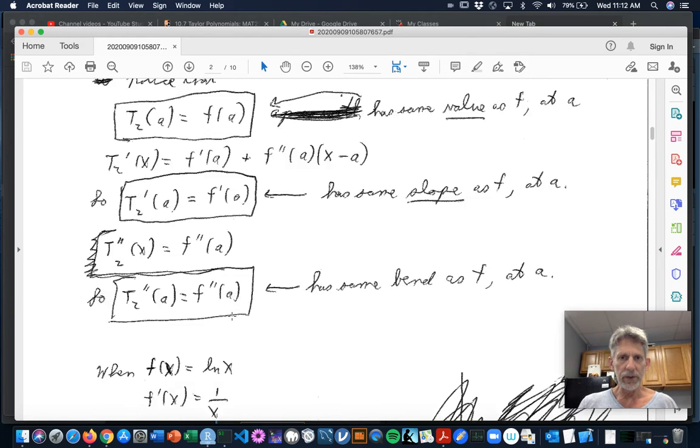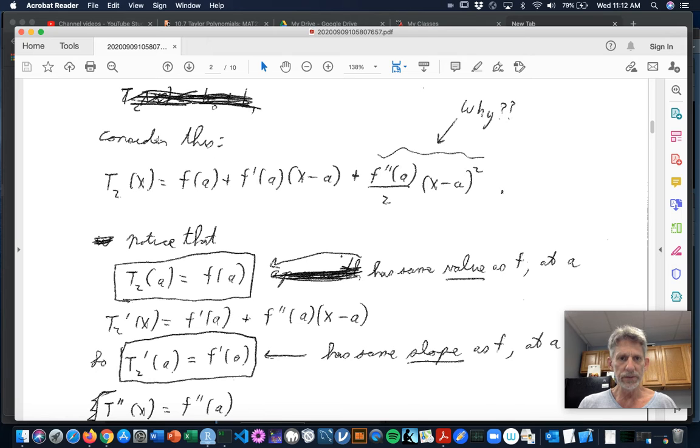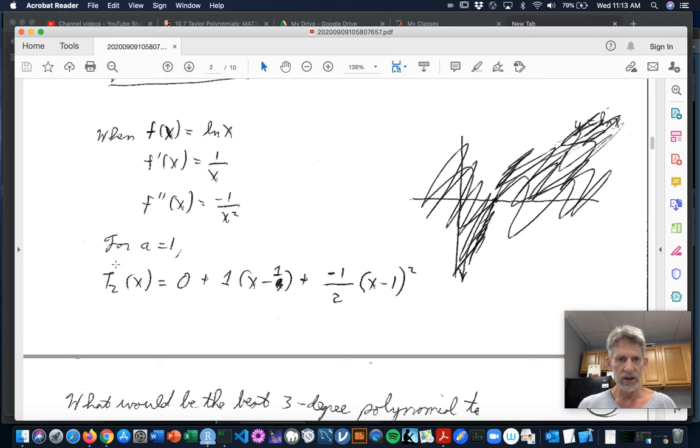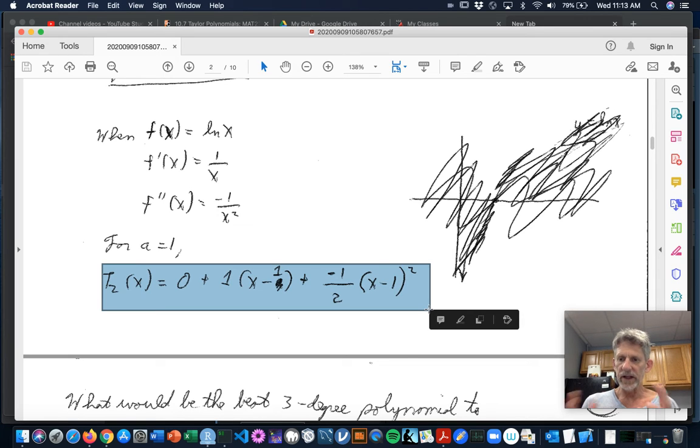And so when I plug into this, I'm going to have my same old 0 plus 1 times x minus a, but now I'll have a negative 1 over 2 times x minus a squared. So I've got that same linear approximation plus minus a half x minus 1 squared.